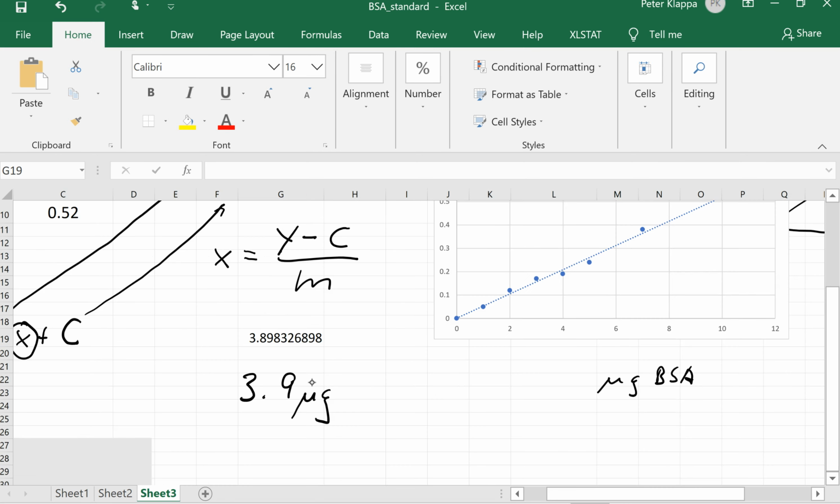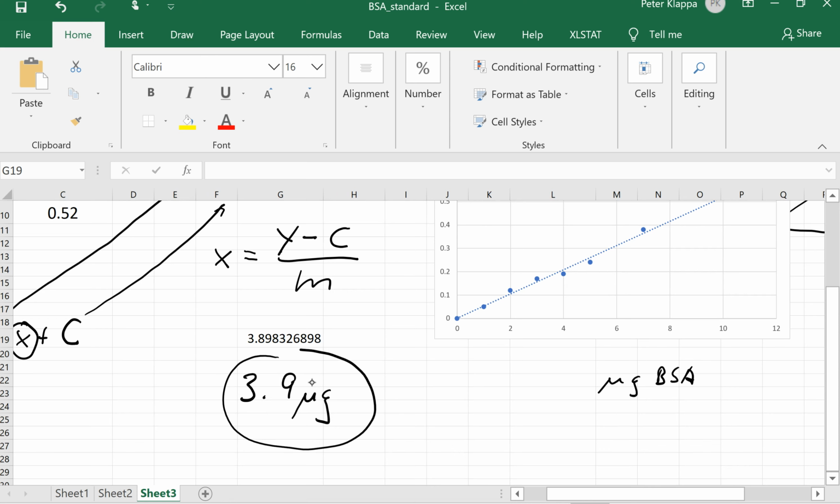So therefore, we need to be careful what we say about our value. Because we know that we have the standard curve, we could have put the standard curve also slightly different, or maybe like that. So there is variation in the standard curve, and this is simply due to sampling error.